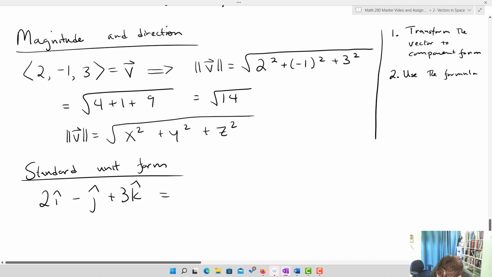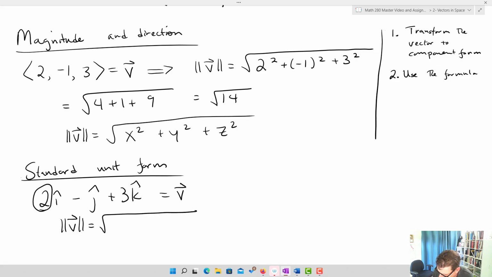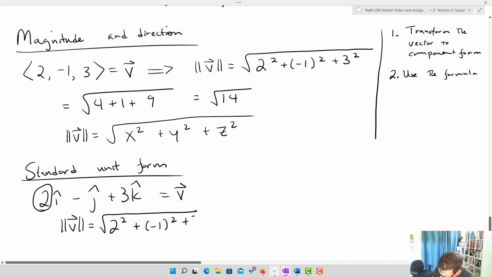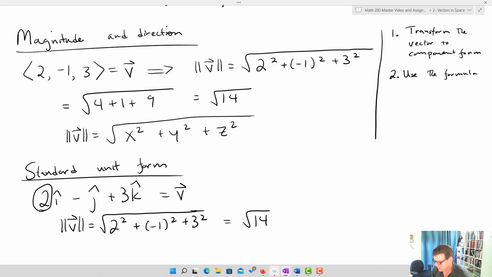That's my vector v. So the magnitude of v is going to be, well, this is the x component in standard unit form, so it's the square root of 2 squared plus negative 1 squared plus 3 squared. We've already seen that that is the square root of 14.